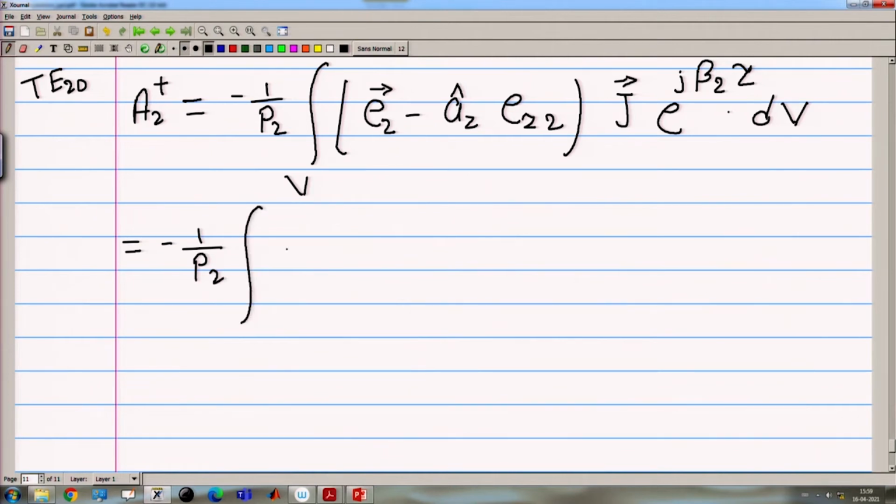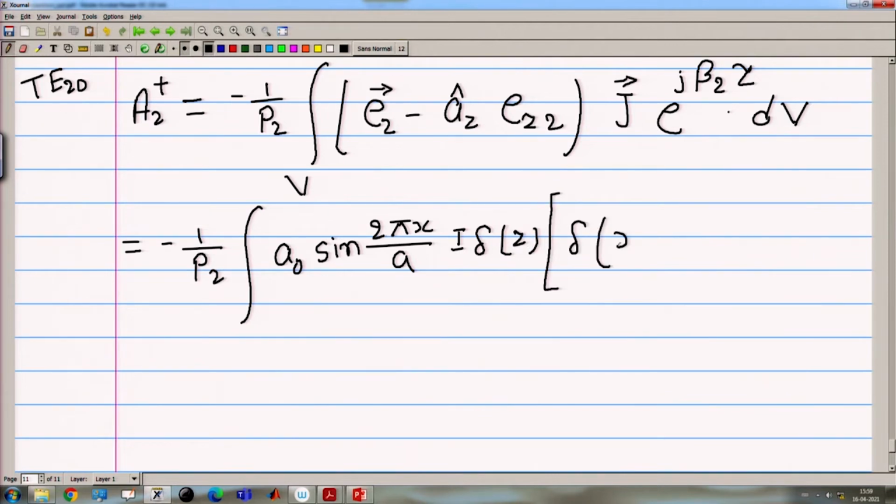So, this will be a by sine of E2, which will be sine 2 pi x upon a, and the second term is 0, del z, and this will be del of x minus a by 4 minus del of x minus 3a by 4.